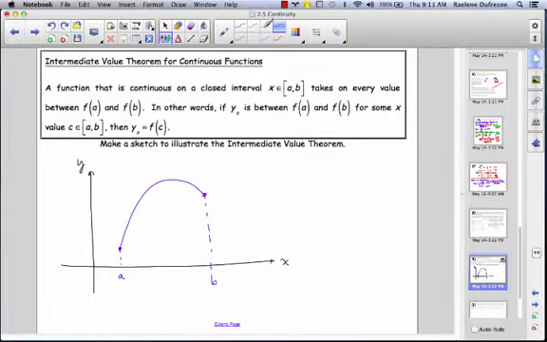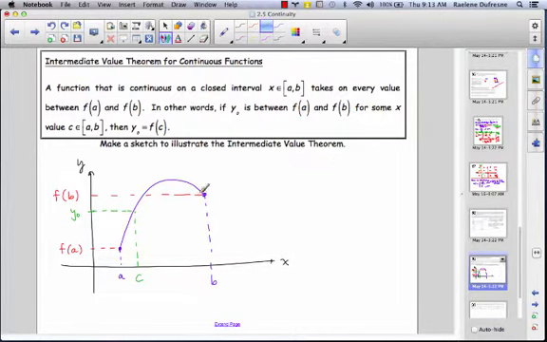And so we have the output values are called f of a and f of b. Then if we know that there is some y naught coordinate which is in between f of a and f of b, then it has to correspond to some value c which is in between a and b along the x-axis.